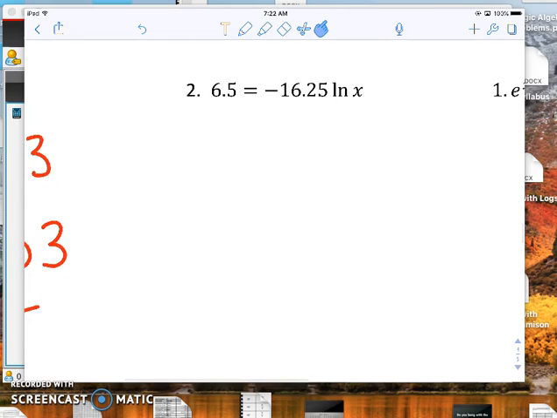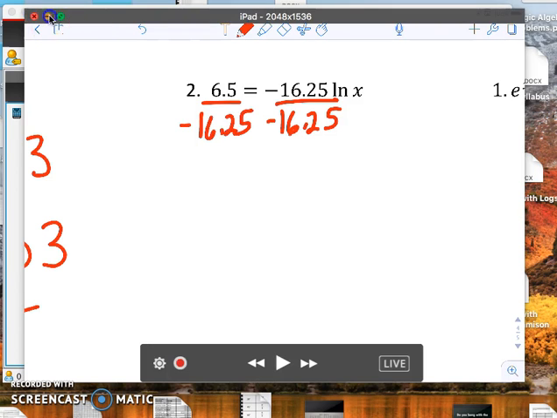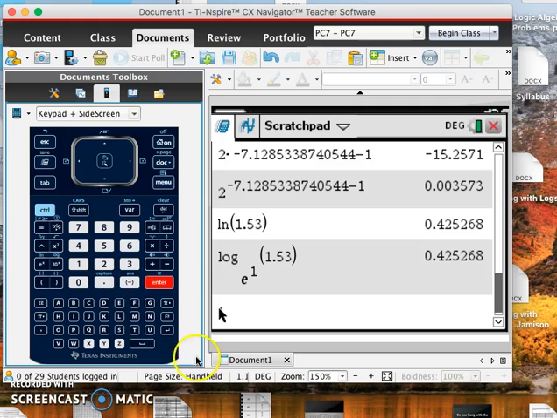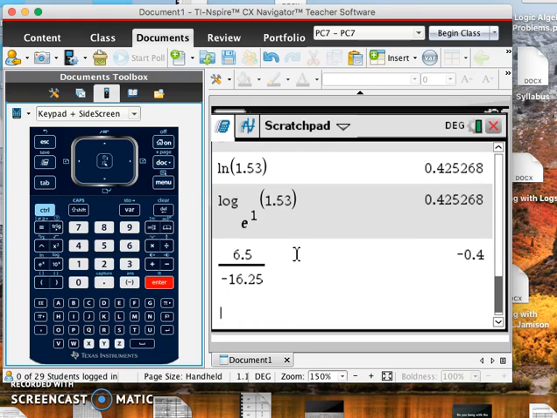The second one we're going to look at, we need to solve for x. It's not in an exponent this time, so let's get that log by itself. We got 6.5 divided by negative 16.25.